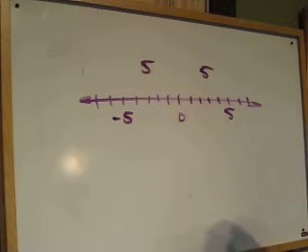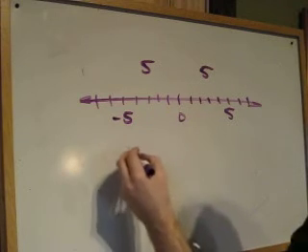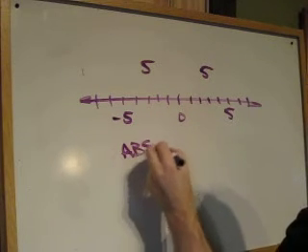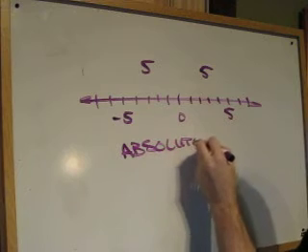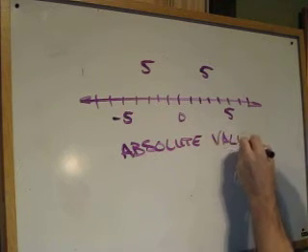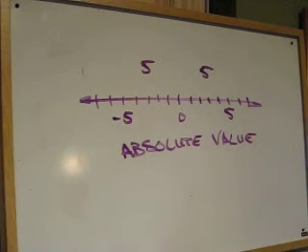So we come up with this term called absolute value. The absolute value of a number is how far that number is from 0. Absolute value in what we're doing will not be a number that is negative, because distances aren't negative.